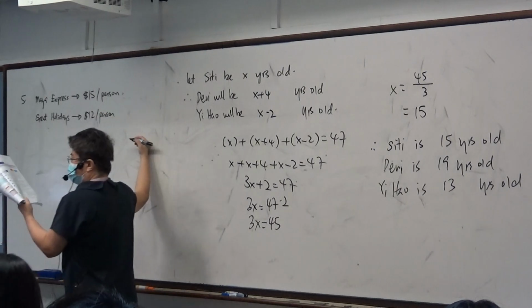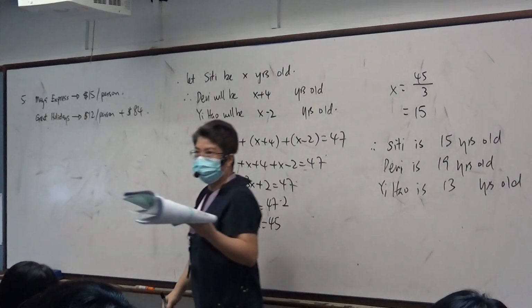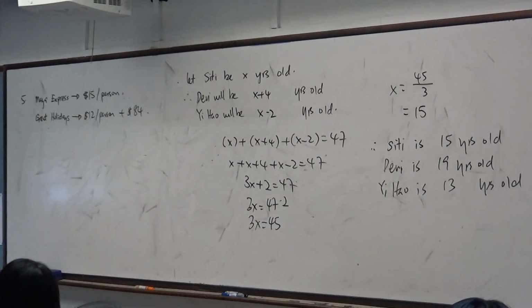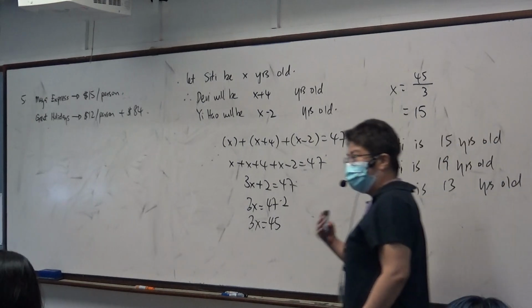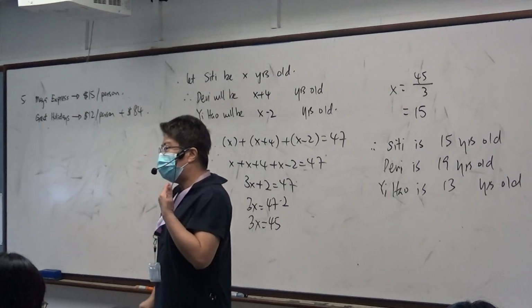Plus $84, right? Then what does the question say? If the total amount charged by each company is the same, find the number of people going on holiday. It happens that both total costs are the same. So I must let what be x?